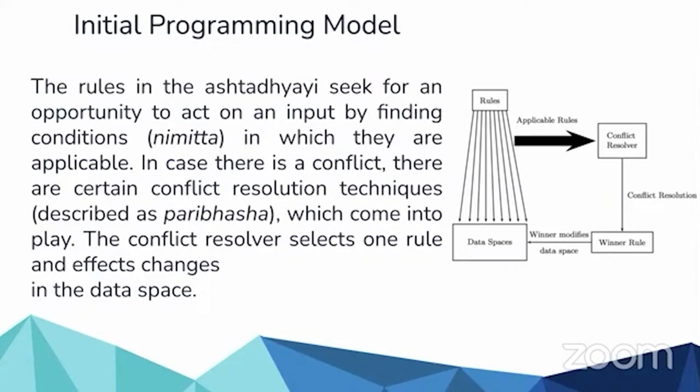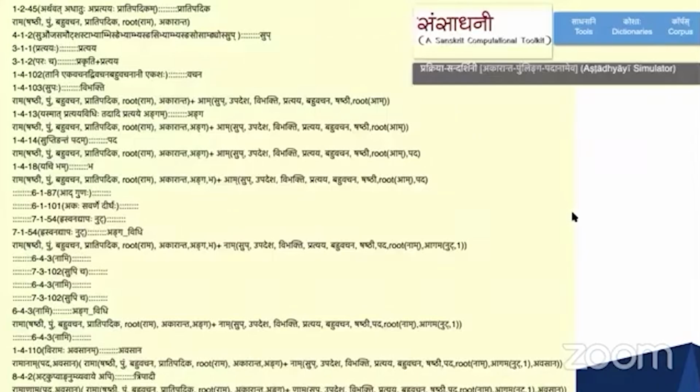Then a winner rule will be selected, and this winner rule will modify the data space. There were many interesting issues that came up with asiddhavat and the asiddha section, and that's where we had to resort to the complicated diagram. Among the three works, this is the only work that is actually available, so thanks to Amba ma'am for preserving that.